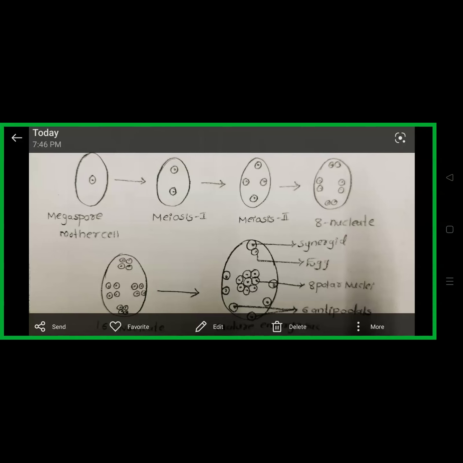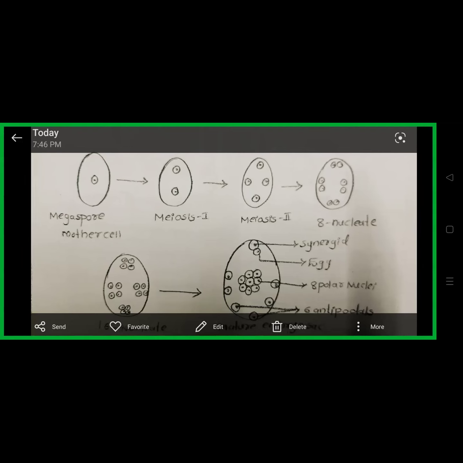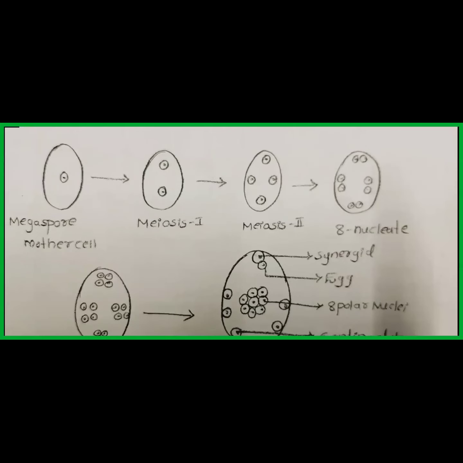First one, Peperomia type. The 4 haploid nuclei of the coenomegaspore undergo 2 successive mitotic divisions, forming 16 nuclei. See here, in the first diagram, the megaspore mother cell goes through meiosis 1 and 2 nuclei are formed.